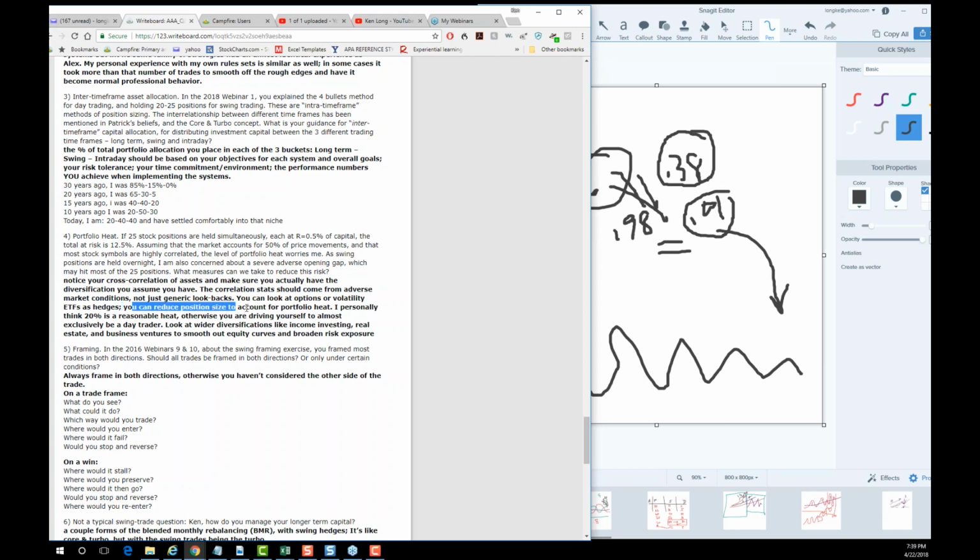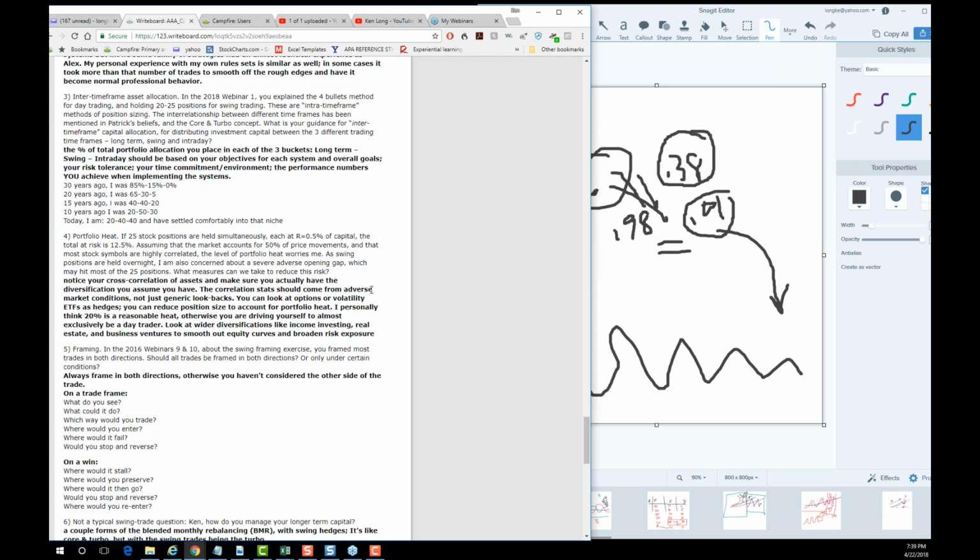Now, you can also reduce position size to account for heat. You mentioned 12.5%. I think 20% is reasonable heat for a guy of my age with these swing positions. And that assumes, however, that I can also do some rapid hedging during the day if I had to with the day trading portion.